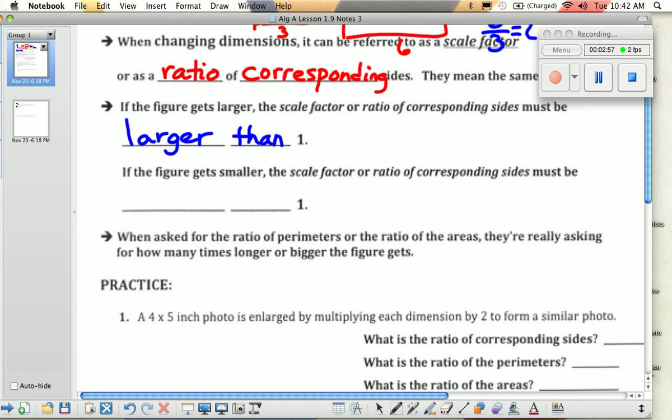So if the scale factor is 2, you expect the new figure to be bigger, don't you? If the scale factor is 1/2, what happens? It should get smaller, shouldn't it? It should get smaller. So if the figure gets smaller, the scale factor or ratio of corresponding sides must be smaller than 1.